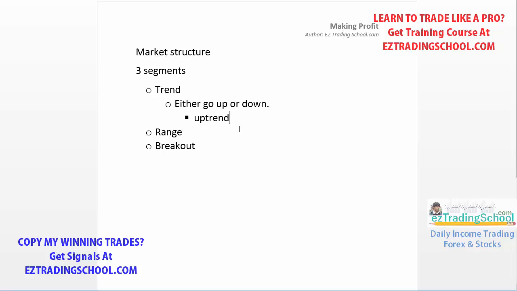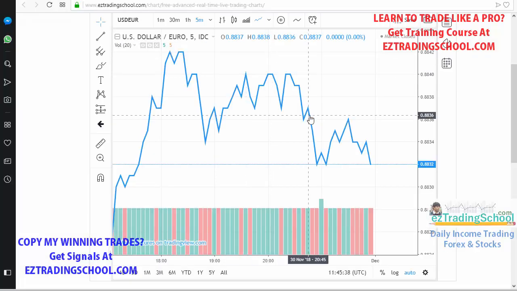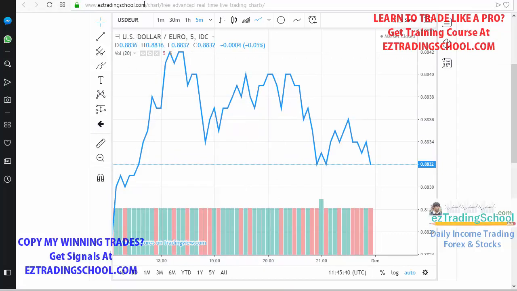Now for the price to go upwards, it doesn't necessarily have to go up all the time. For example, I'll show you a chart. So we're looking at a line chart here on easytradingschool.com, and between this area and this area, the price went from here and went up, came down, went up, stabilized, went up, came down, went up.